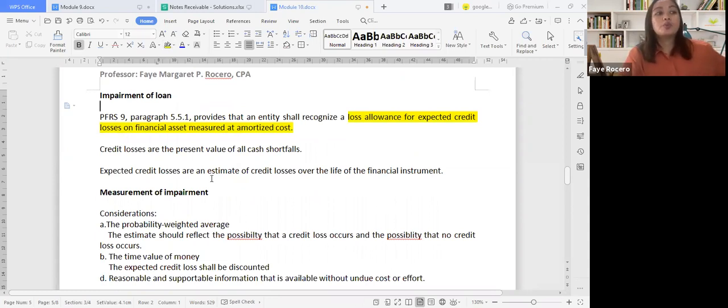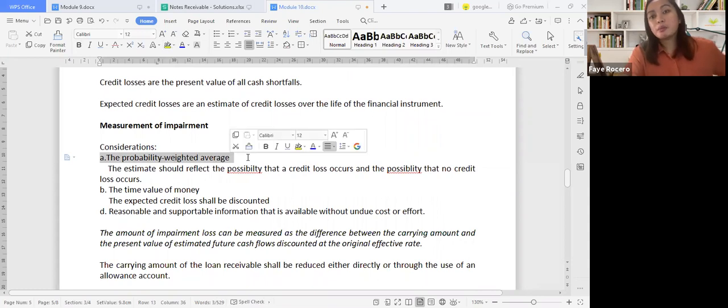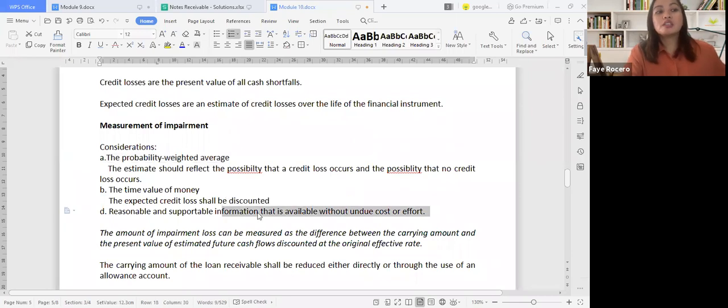So how do we measure impairment? We have what we call considerations: probability weighted average, or time value of money consideration. The credit loss will be discounted, or reasonable and supported information is available.